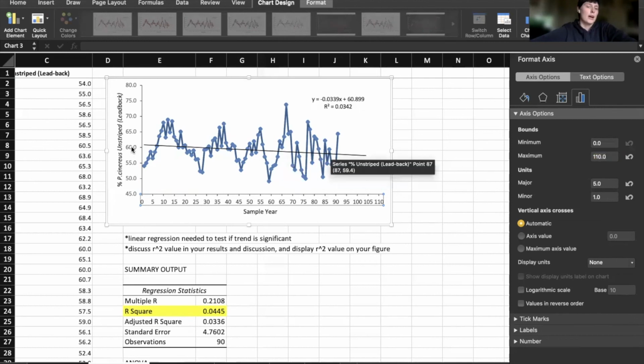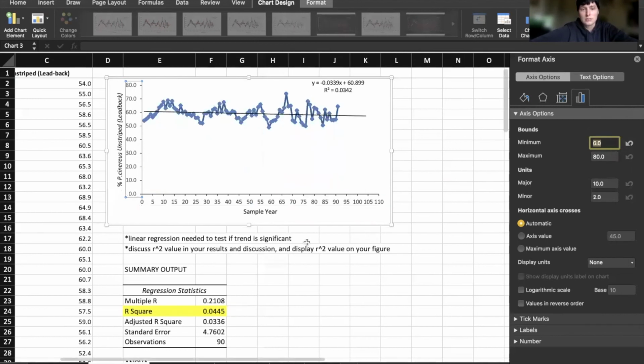The bounds on the y-axis are also a little different. It doesn't start at 0. It starts at 45 and goes to 80. I just want to show you what it looks like if you start at 0. It's little things, you know.